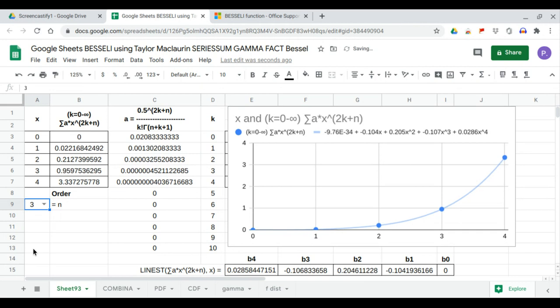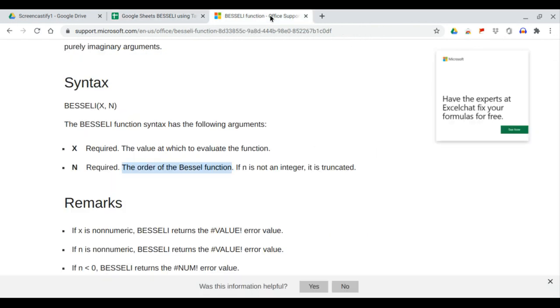Third order: B0 is negative 9.76 times 10 to the minus 34, that's 0. B1, negative 0.104. B2, 0.205. B3, negative 0.107. B4, 0.2086.